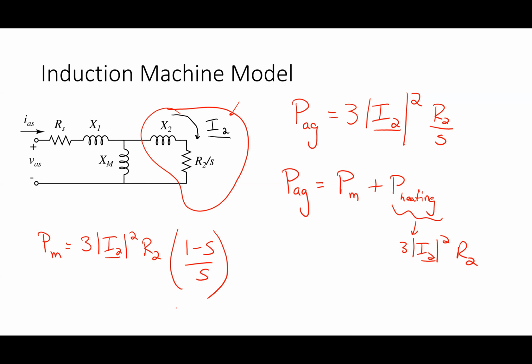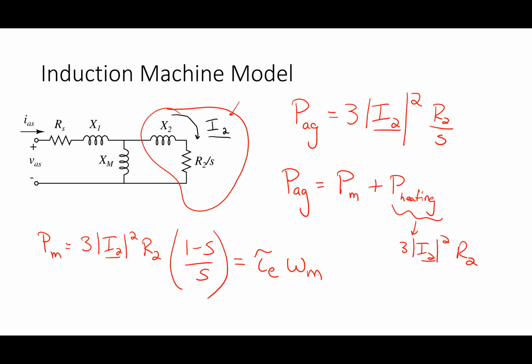Now, the other thing that we often care about is the torque. If I know the power here, that's good. This is the power transferred to the shaft. How would I relate that power transferred to the shaft to a torque? What's that? Divided by the speed. So yeah, it's the torque times the mechanical speed.